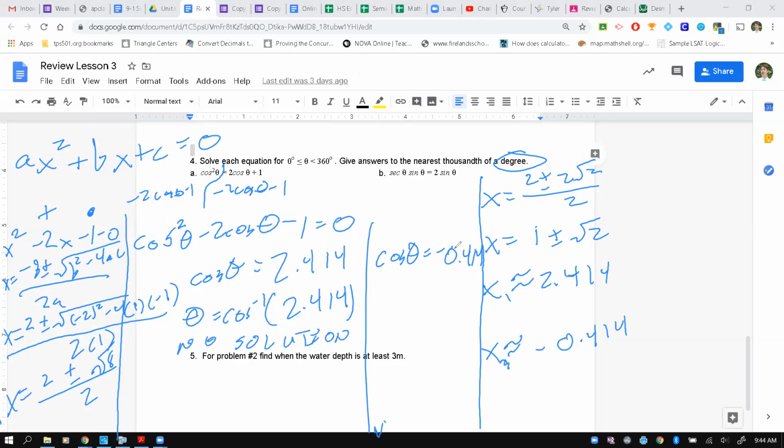For this second one, you'll do the same thing, and you'll tell me what the first solution is, and this one you will get a solution for. Remember that that is going to be the answer in quadrant 2, and you will have to find in what other quadrant cosine is negative, and then what the answer would be in that quadrant.